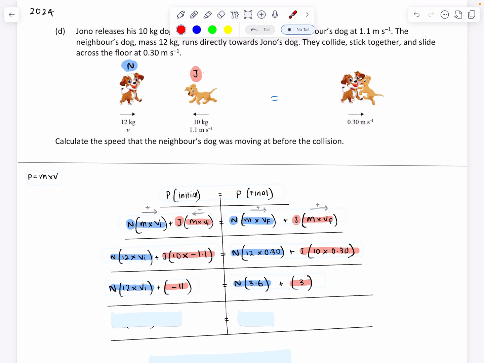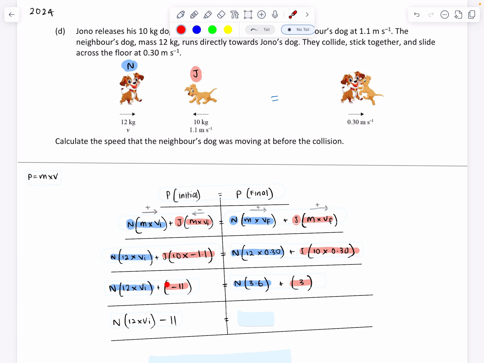Let's see if I can simplify this even more. Here's what I want you to know. Whenever we have a positive outside of something that is negative within a bracket, I need you to understand that the negative is what kind of trumps over this positive. And I want you to understand in another way that this positive value, this plus sign, is attached to an imaginary 1, positive 1.